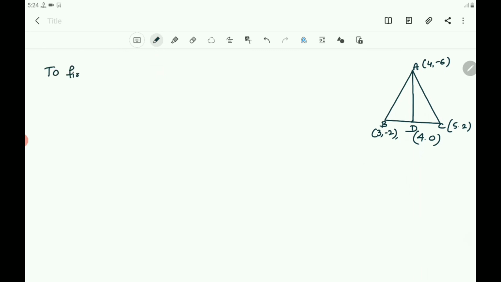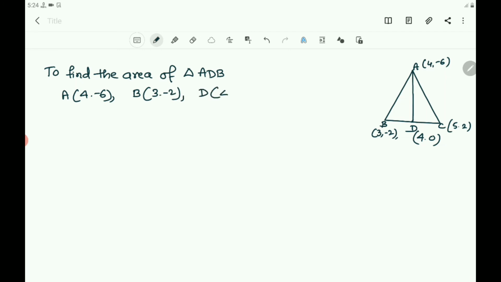To find the area of triangle ADB, take the points A, D and B. A is (4, -6), B is (3, -2), and D is (4, 0).